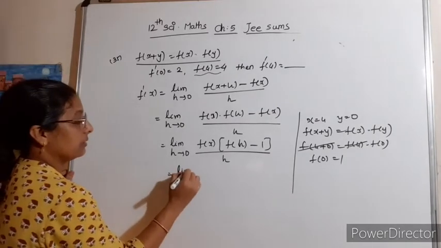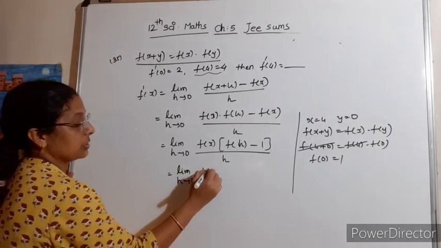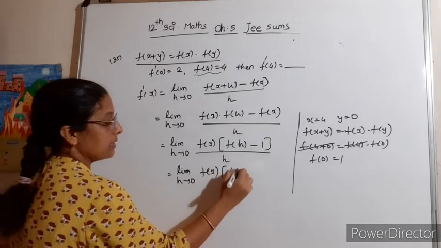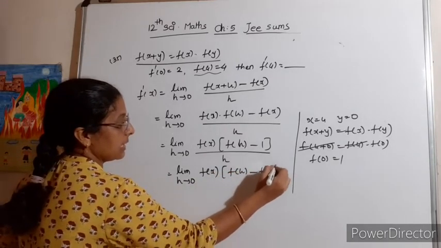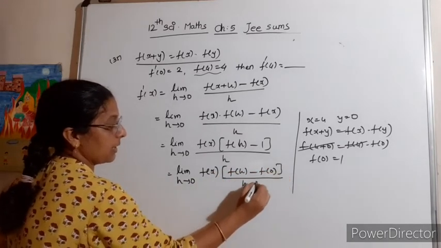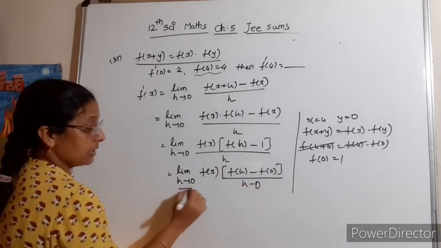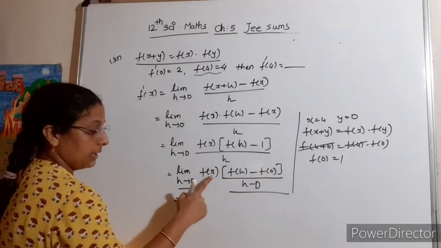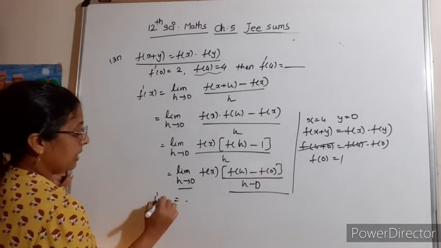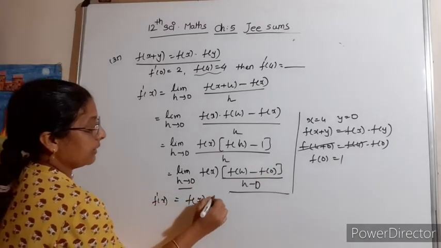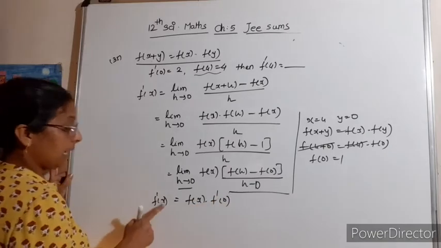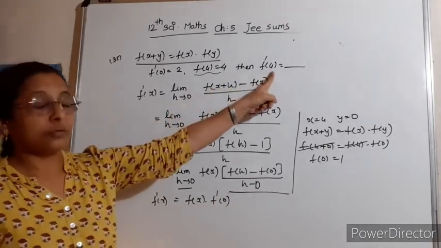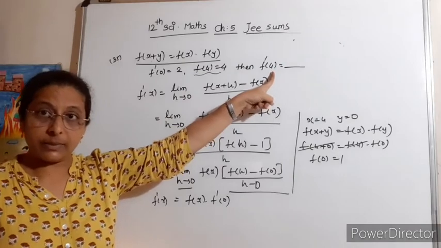So limit h tends to 0, f of x into f of h minus f of 0 upon h minus 0. So this is the formula of f dash 0, and here we have f dash x equal to fx into f dash 0. x की वैल्यू क्या रखेंगे? 4, because f dash 4 चाहिए हमें, right?